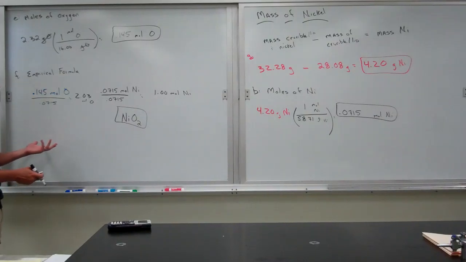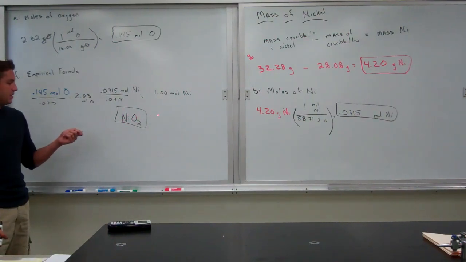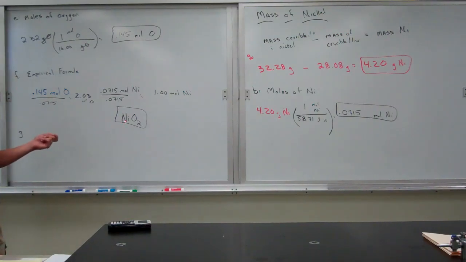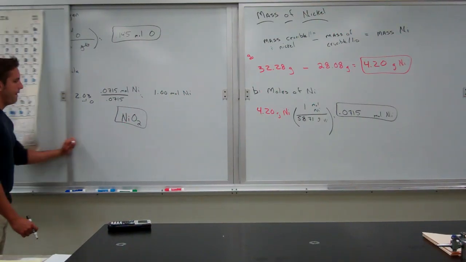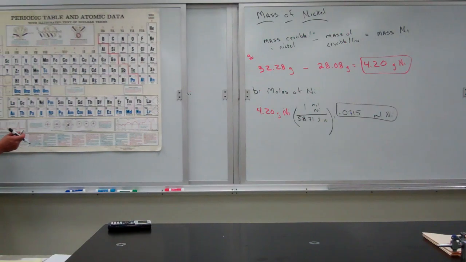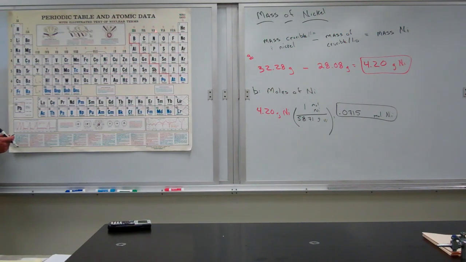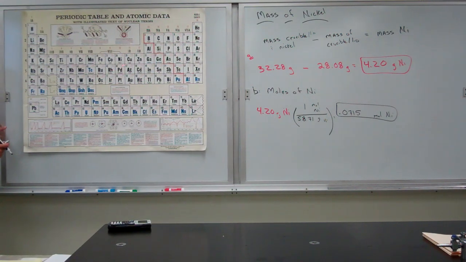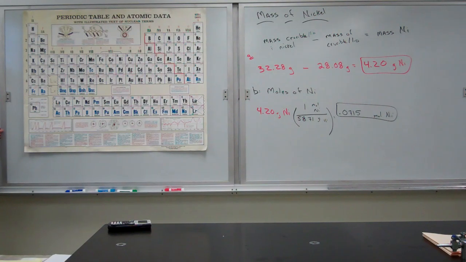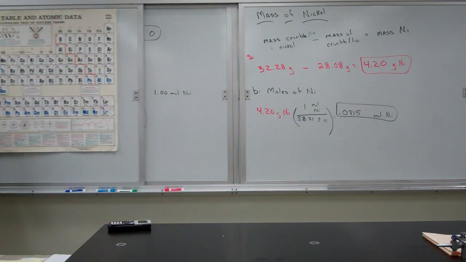So, the last thing that it wanted us to do in step G was determine the name of this compound. So if you look at this nickel-oxygen compound, looks like we have a metal in nickel with a non-metal of oxygen, left of the staircase, right of the staircase, which means it's an ionic compound.